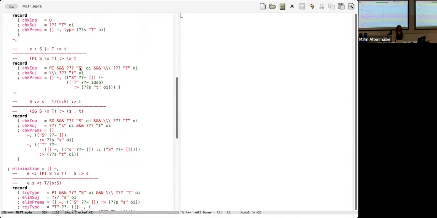Crucially, here's a pattern for the type when we're checking a lambda, and here's a pattern for the type that we synthesized for the target. And the reason why this beta redex exists is that these patterns unify.